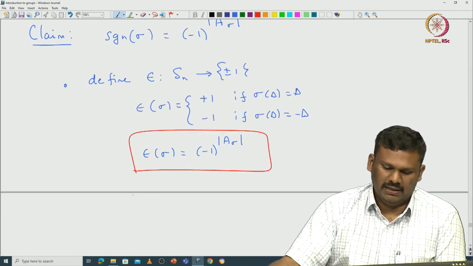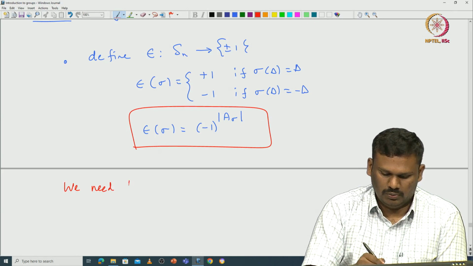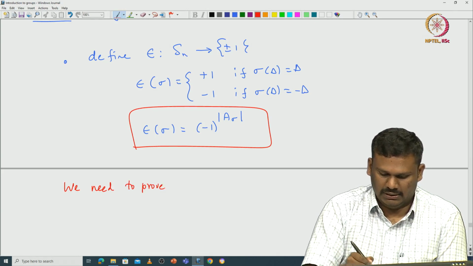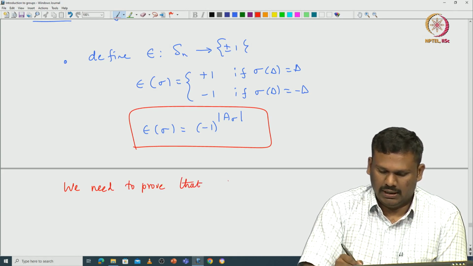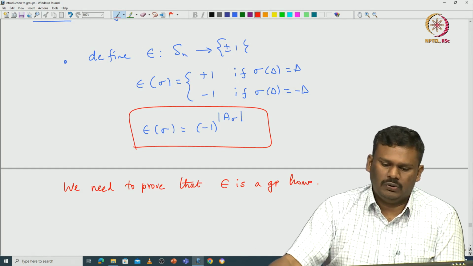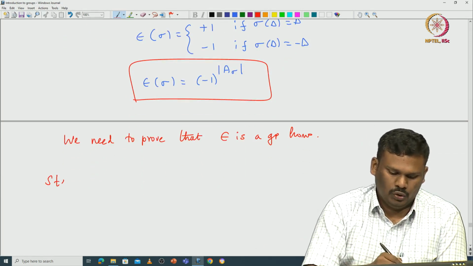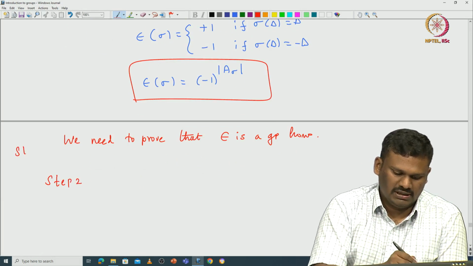So our first aim, step 1, is to prove directly that epsilon is a group homomorphism.